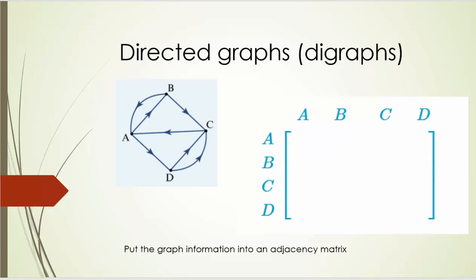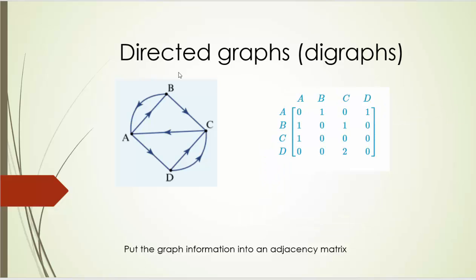This one is not symmetrical as they were before because, as we said, there's a path from A to D, but there's no path from D to A. For instance, there is a path from C to A, but there's no path from A to C. So that's a digraph and an adjacency matrix.